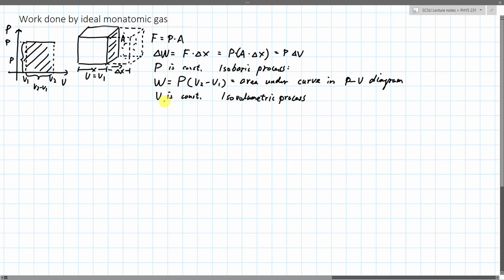And then if the volume doesn't change, there's no expansion here, so there's no area underneath the curve because the base is 0. So we can imagine the base of the area is 0. So the work done is always 0 in this isovolumetric process.